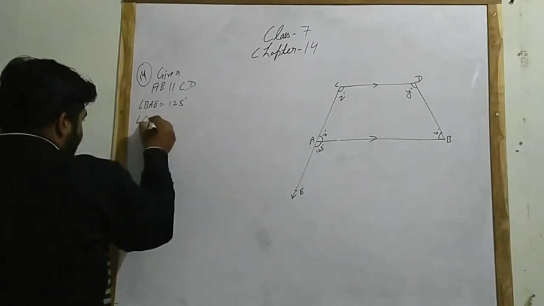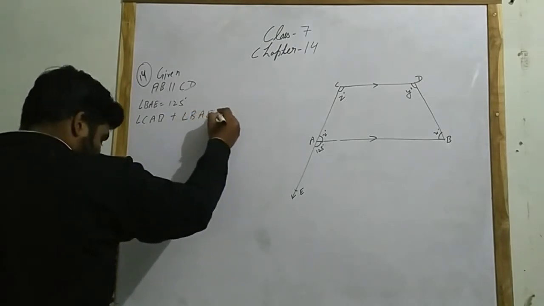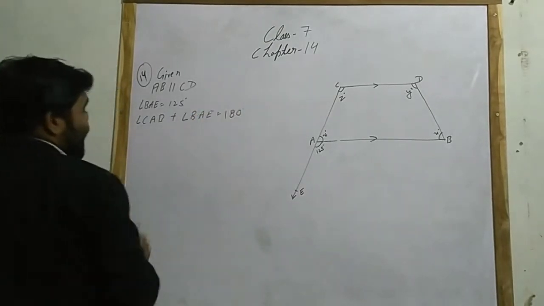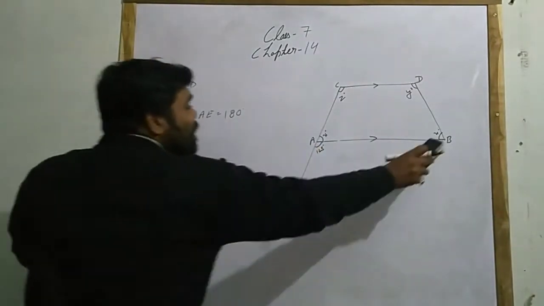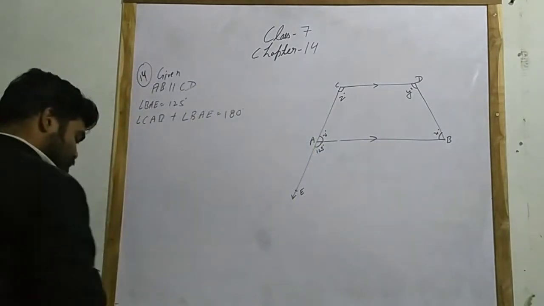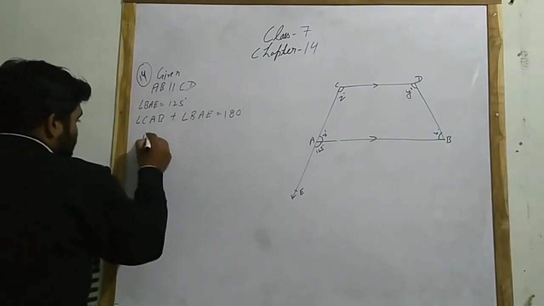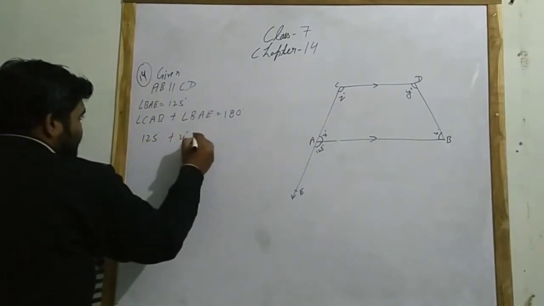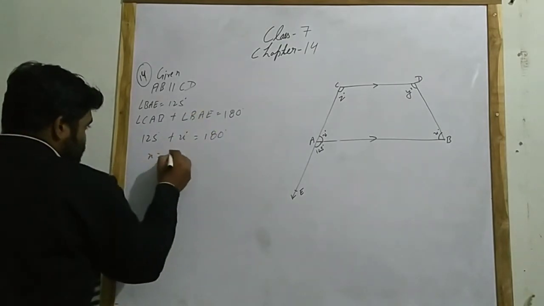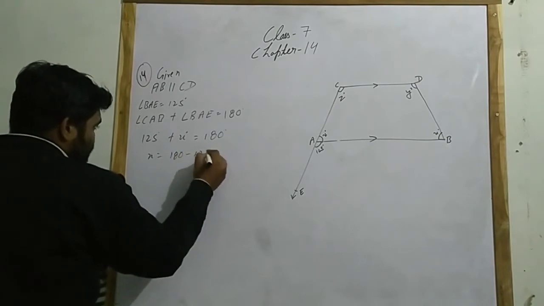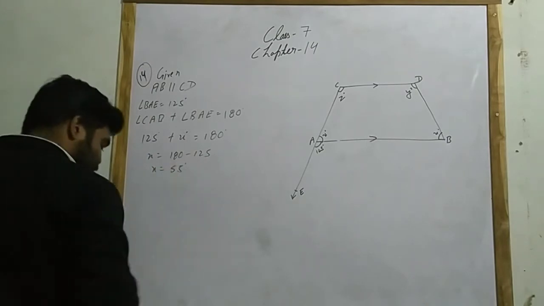After that, angle CAB plus angle BAE equals 180 degrees. So 125 degrees plus x degrees equals 180 degrees. Then x equals 180 minus 125, so x equals 55 degrees.